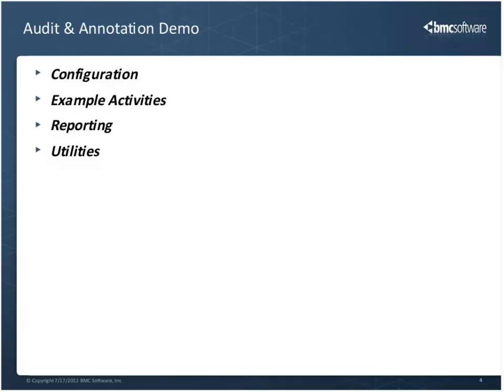We're also going to be going through certain activities, external activities within EM. We're also going to be using the reporting facility to generate reports. And I will show you utilities that you can use for audit and annotation. So if everybody's ready, let's go ahead and proceed with the demo part.